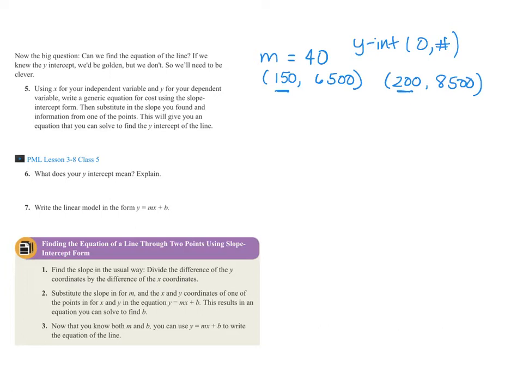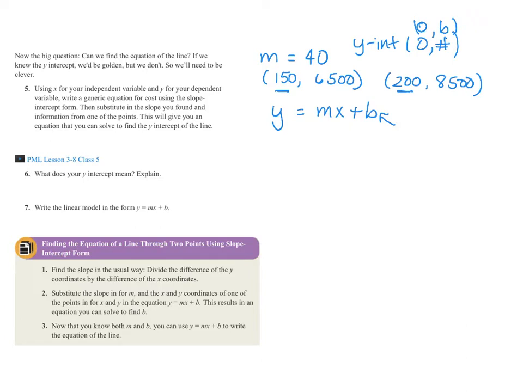This will give you an equation that you could solve to find the y-intercept of the line. So remember, the y-intercept was always like (0, b). So the equation of the line is y equals mx plus b, where this b right here is the y-coordinate of the y-intercept of the line.